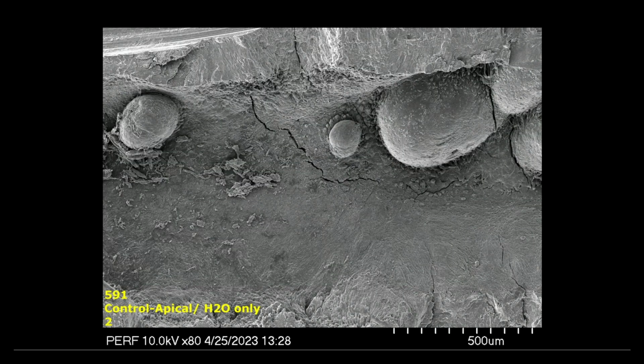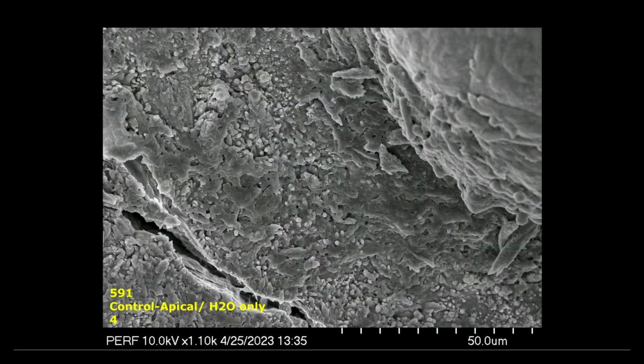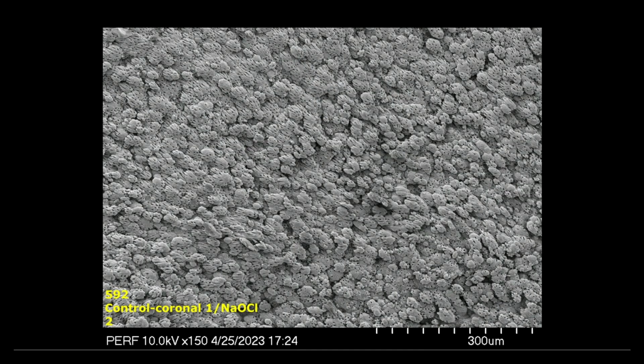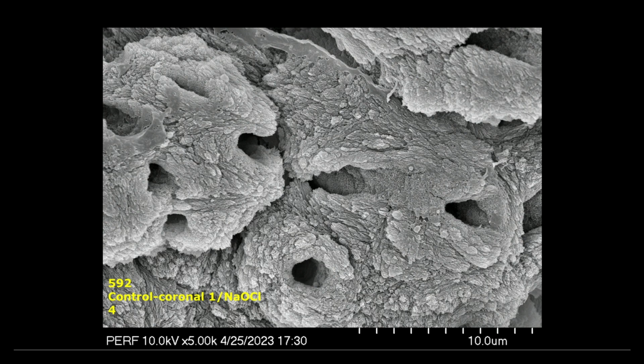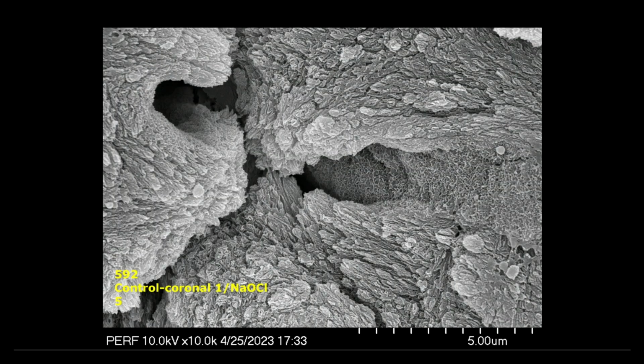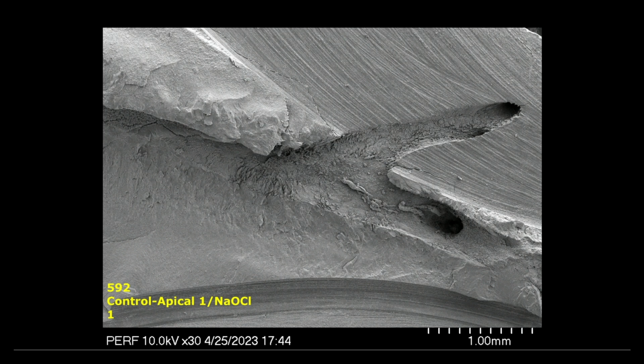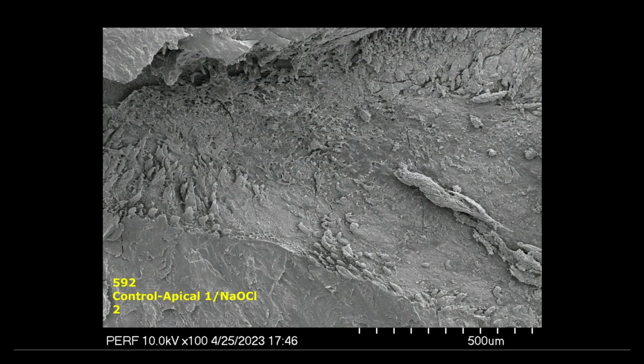So these are just some of the examples of water, and then I'll show some simple examples of bleach, and then bleach and EDTA. And I think by the time we get to Pushpack's cases, you will have developed some fairly good discrimination on what you're looking at, and you won't have to guess or be totally confused on these images.